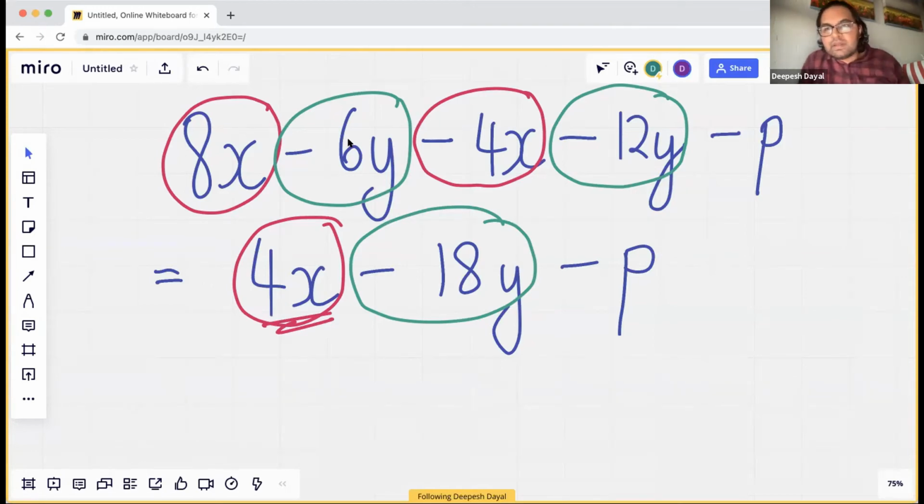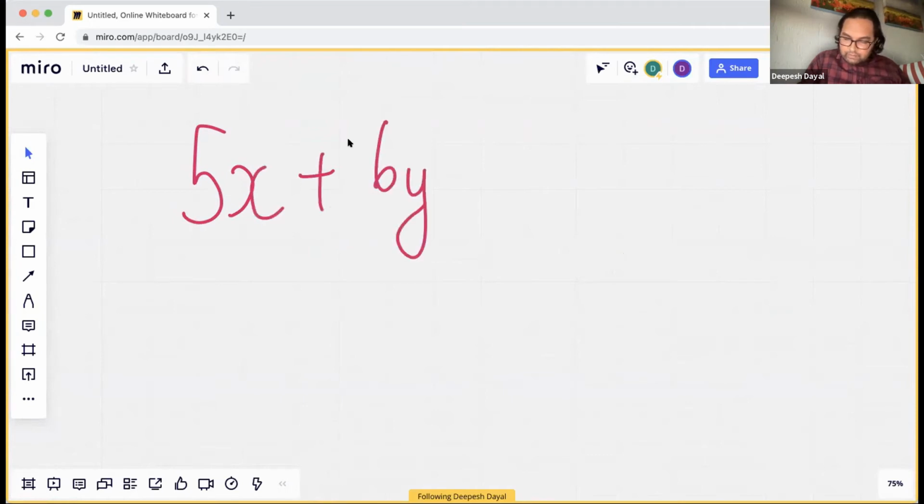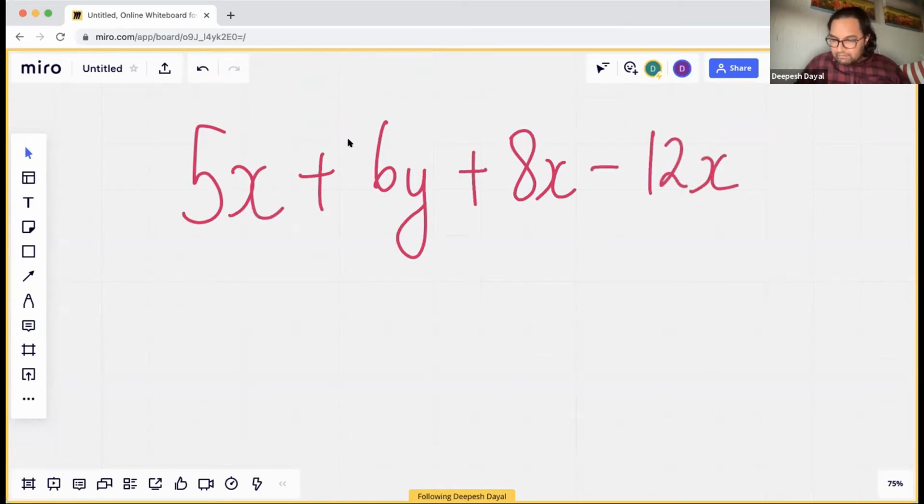No, can't hear. Okay. So we're going to look now at the adding and the subtracting together. So we're going to group the adding and the subtracting together. So we've got 5x plus 6y plus 8x minus 12x minus 3y.